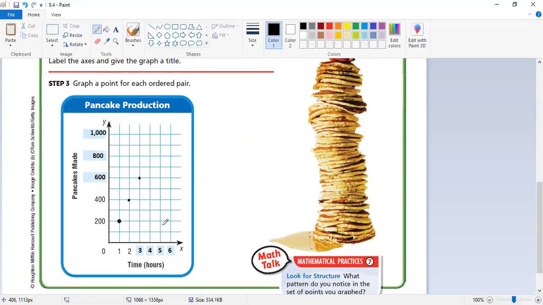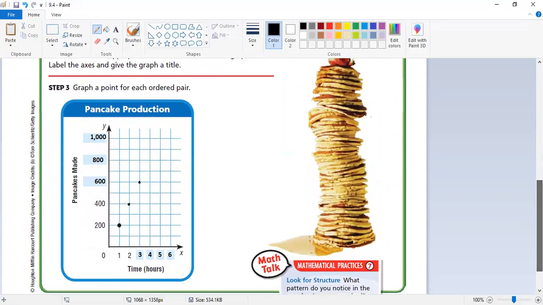Okay, then when it is 4, it is 800, right? Yes, 4, it's 800. So go along the 4 line up, and where the 800 and 4 meet, you need to draw a point there. My points are becoming smaller and smaller, but you girls need to draw. Okay, fine. When it is 5, it's 1000.